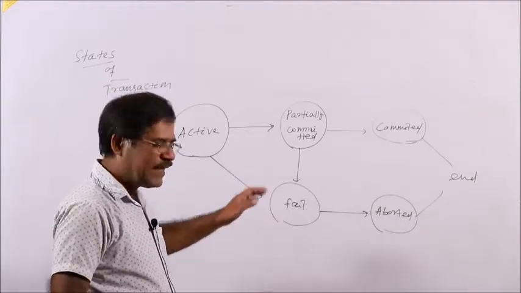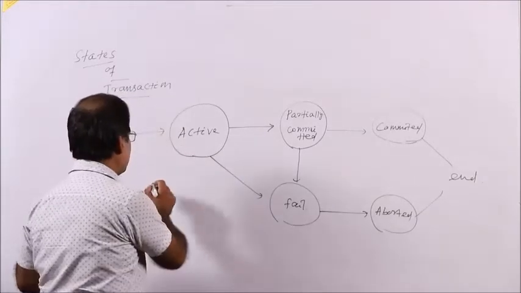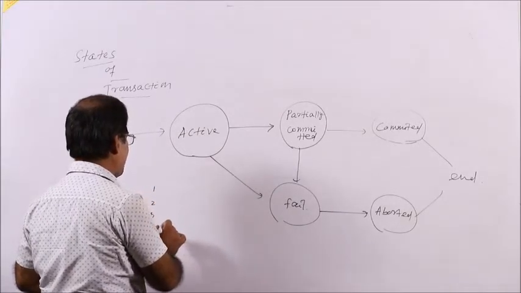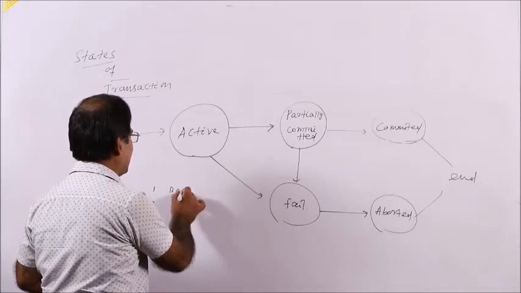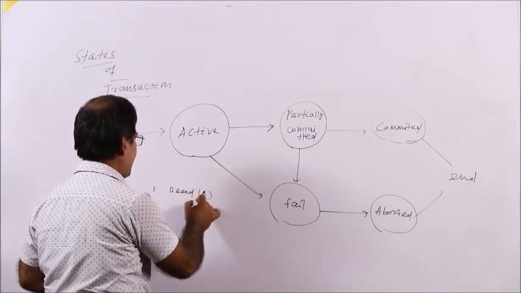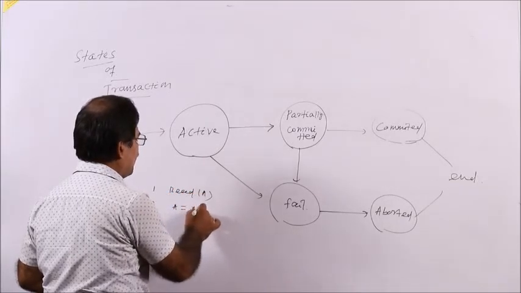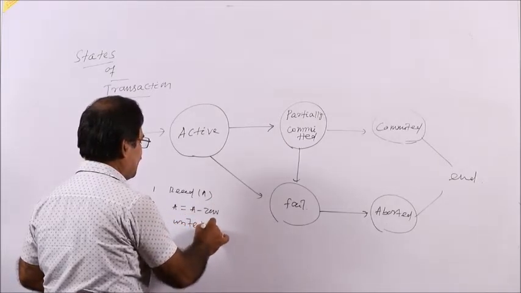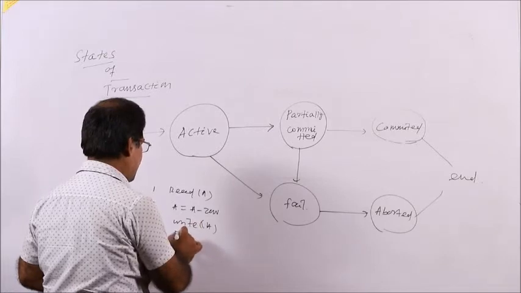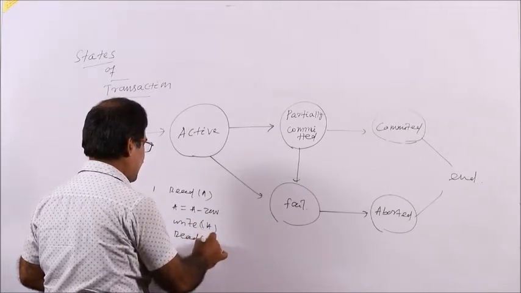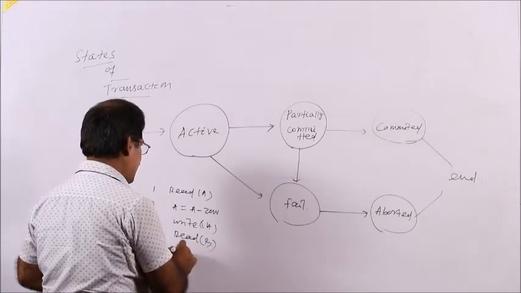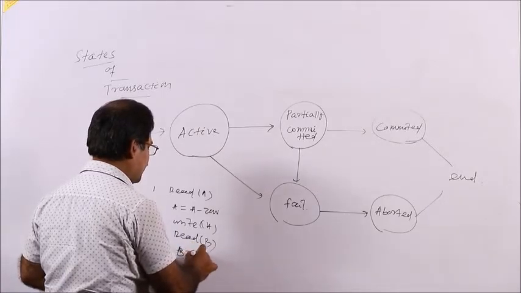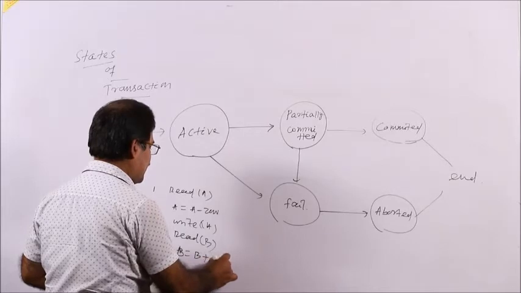Suppose there are 20 lines of code: line number 1, line number 2, line number 3, line number 4, line number 5. Suppose read A, then A is equal to A minus 2000, write A, then read B. B is another account, so B is equal to B plus 1000.